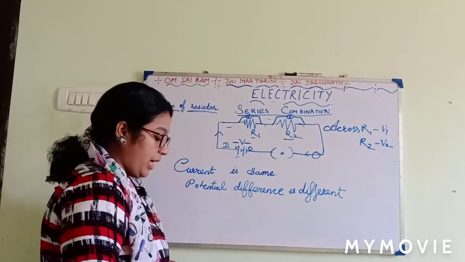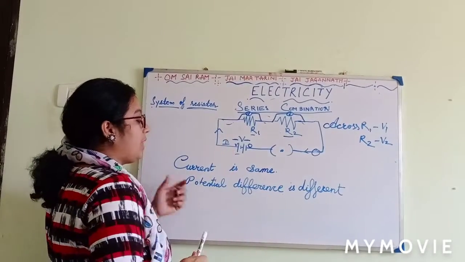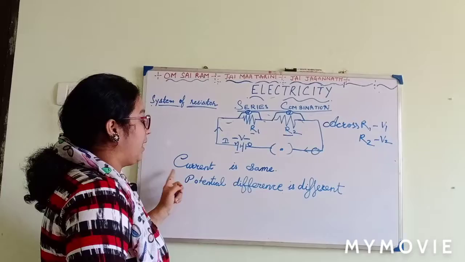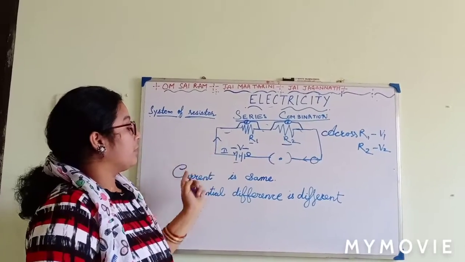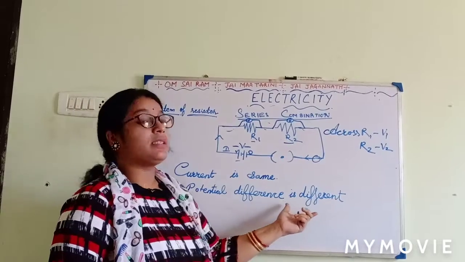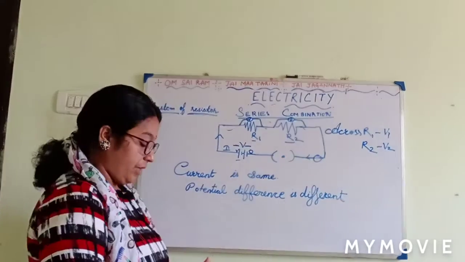Both the voltmeter readings are different. So what 2 points do we come across in a series combination? The current is the same for a series combination of resistors and the potential difference is different for a series combination of resistors.